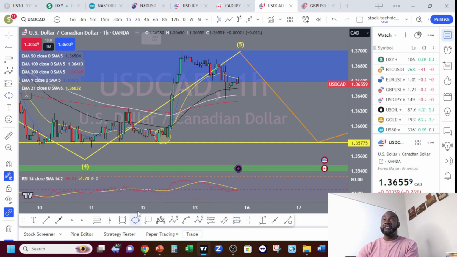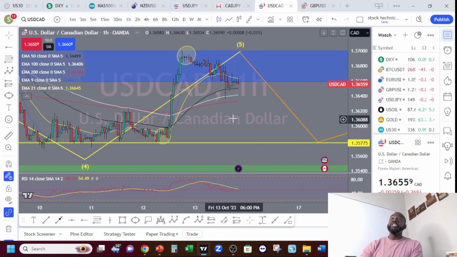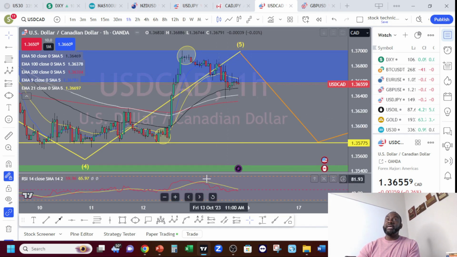This is an opportunity to sell the market somewhere over here, because as you can see, this is a daily resistance. Most likely price will go down, as we can see the market did. So if you sold the market here, you could have taken profit somewhere around here. That's up to you when and how you take profit.